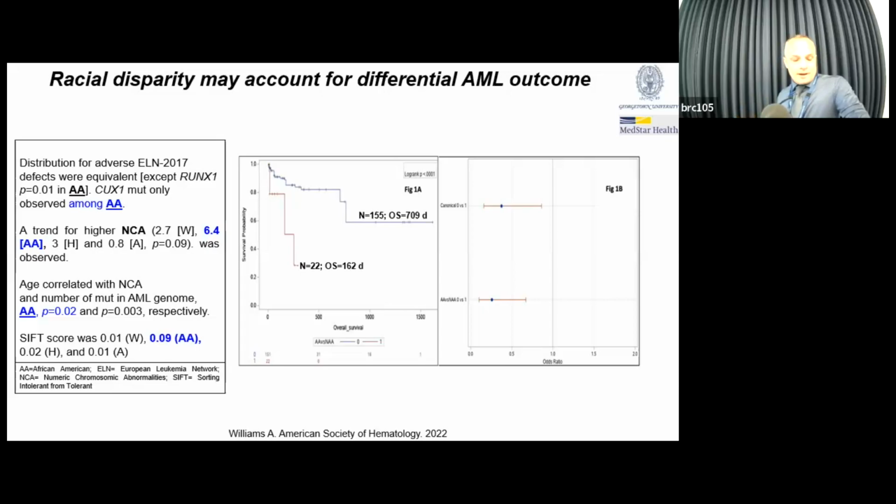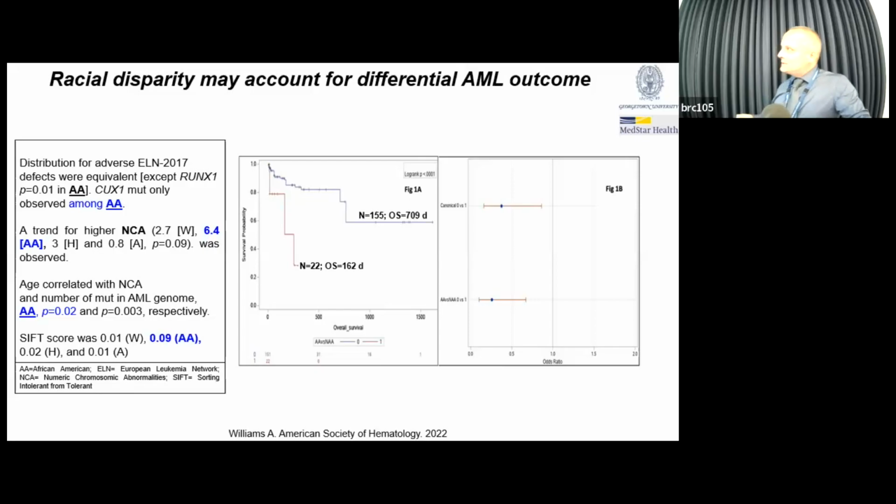This is only for African-Americans. There was a trend to have higher numeric chromosomal anomalies in African-Americans, as you can see in the second line. Then the third line tells you that as age progresses, as we get older, the numeric chromosomal anomalies and the number of mutations increase only in African-Americans.